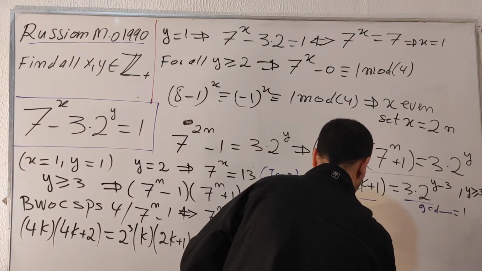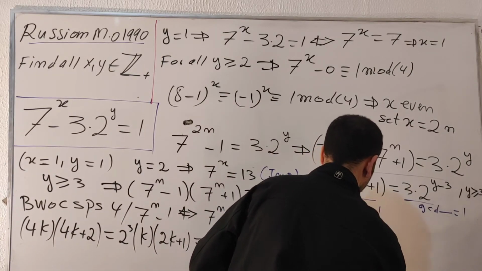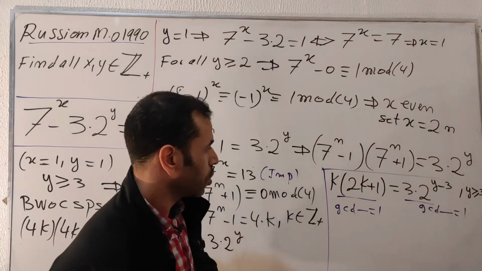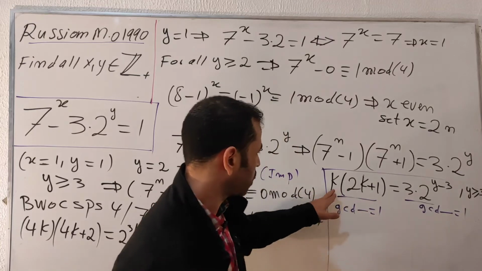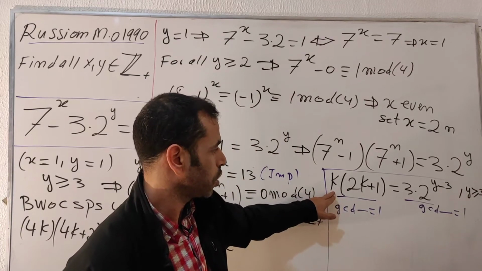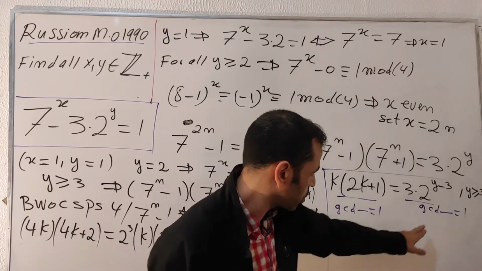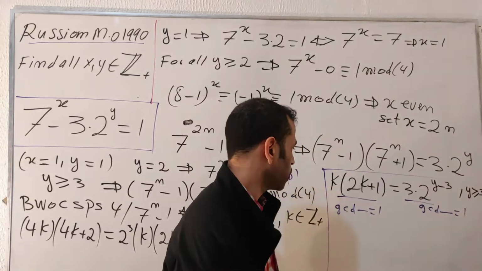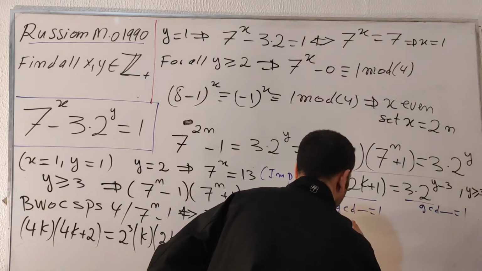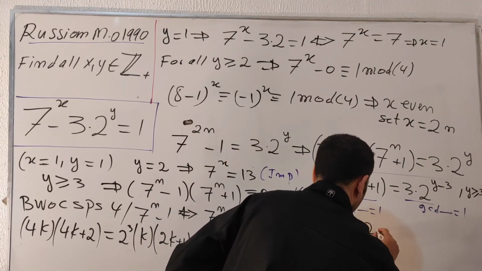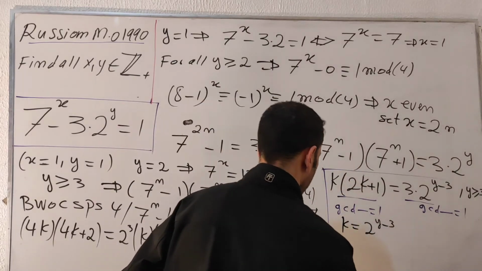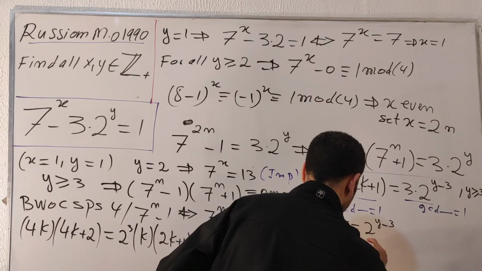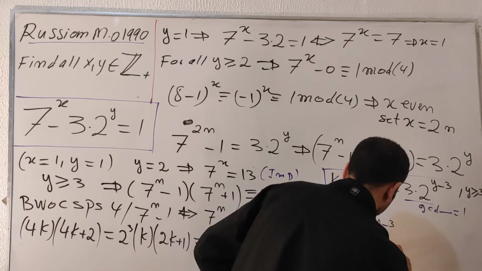Since this one is odd, it goes towards 3, and k must be even and goes towards this one. Which means k is going to take 2 to the y minus 3 as an even integer, and also 2k plus 1 is going to take 3.